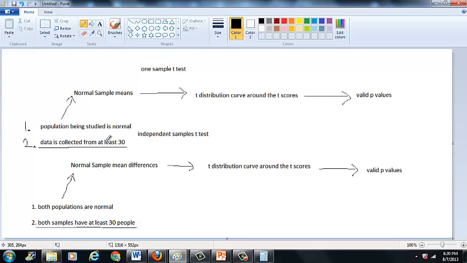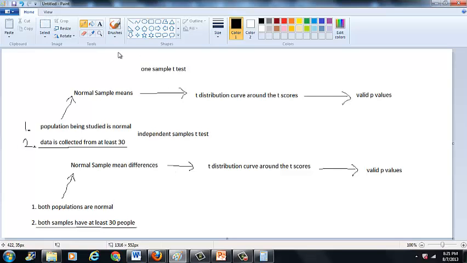Because if you've satisfied number 2, you don't have to worry about number 1 being satisfied. If your samples have at least 30 people, you actually don't have to worry if you're studying normal populations. You can just go ahead and do your test without even worrying about it.